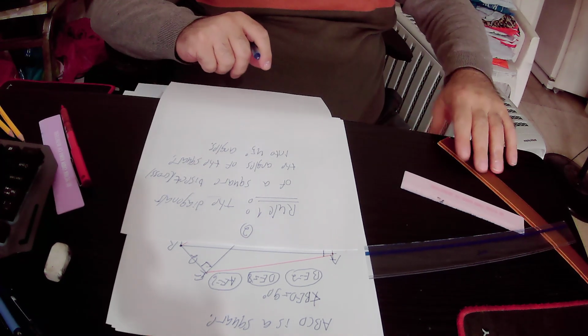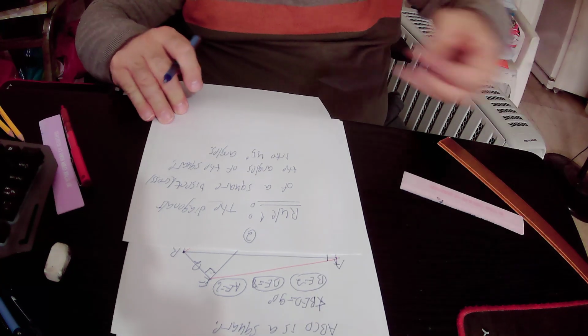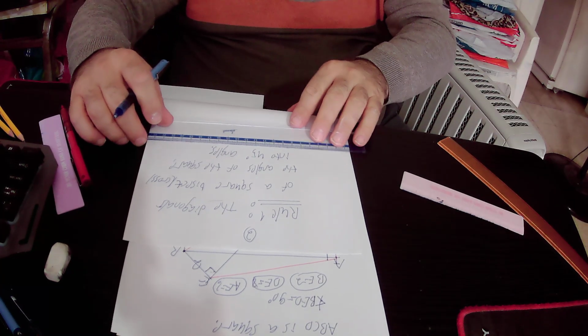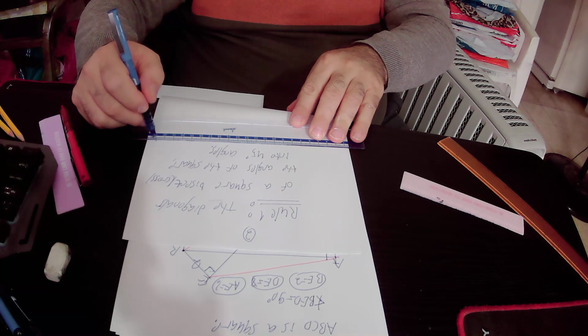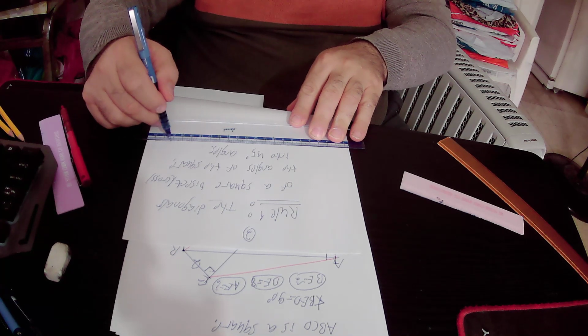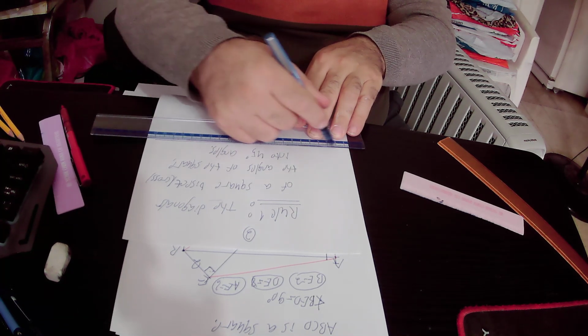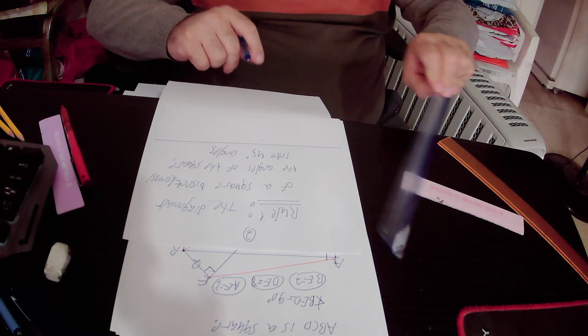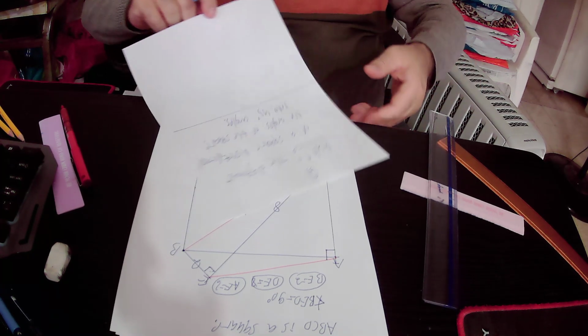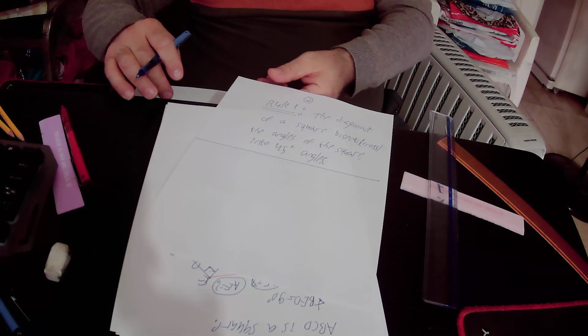So I will read rule number 1 again. Rule number 1 states that the diagonals of a square bisect the angles of the square into 45 degrees angles. Okay, this is rule number 1.